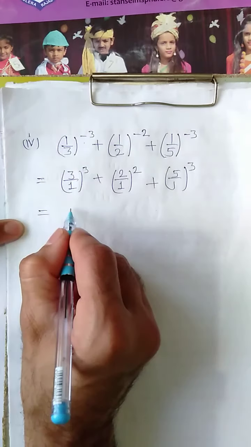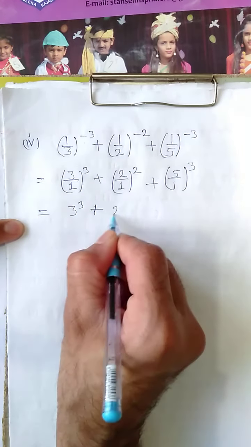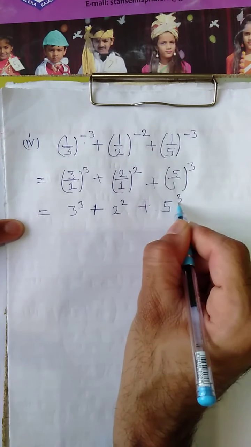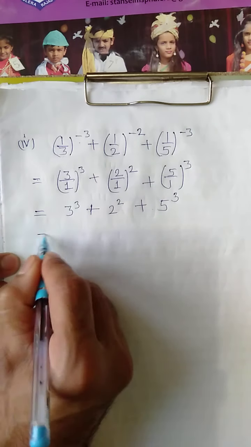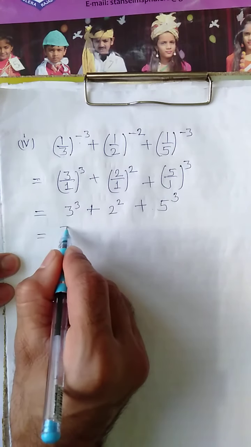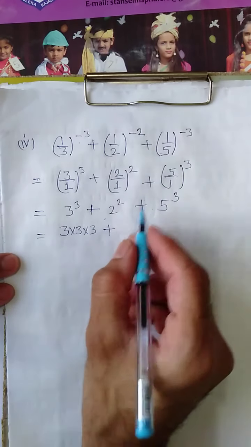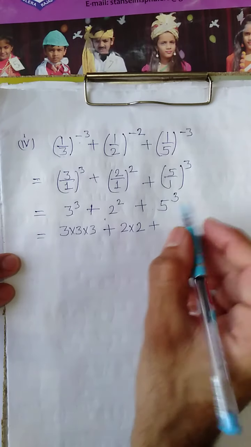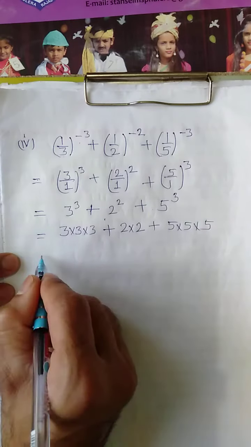So can we write in the next step 3 power 3 plus 2 power 2 plus 5 power 3, right? Are you getting? 3 power 3 means 3 multiply by 3 multiply by 3, plus 2 power 2 means 2 multiply by 2, plus 5 power 3 means 5 multiply by 5 multiply by 5.